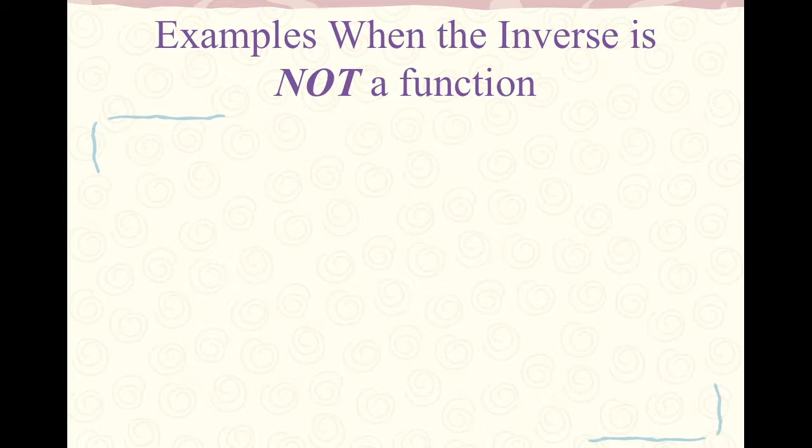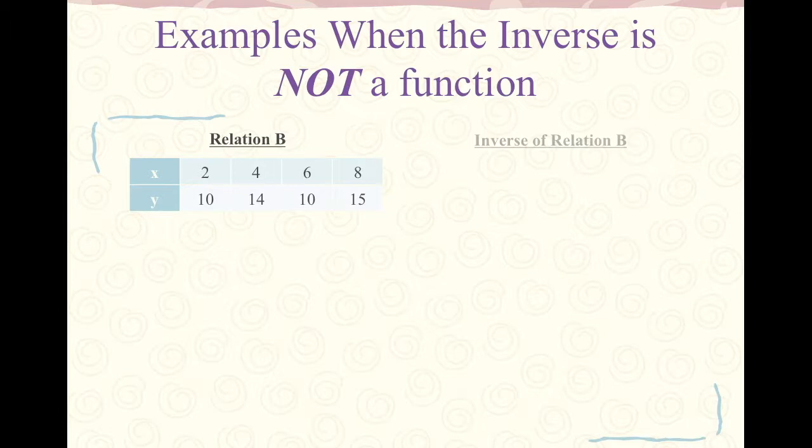Okay. Now, this is also on a graph. Sometimes you won't be given a graph. Sometimes you'll be too lazy to even draw a graph, so I'm going to show you ways where you can tell when an inverse is not a function besides using the vertical line test. Okay. So here's relation B. You have x's, you have y's, and we're going to flip them so that we can check out the inverse of relation B. I just want you to look at this for a second and recall some of the things that I've said to you in the past or that you've heard in the past.